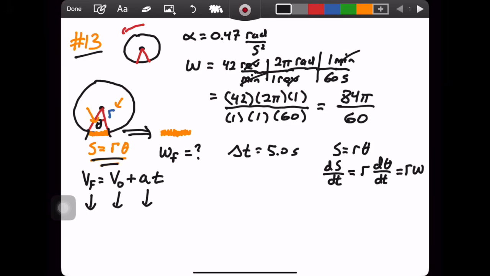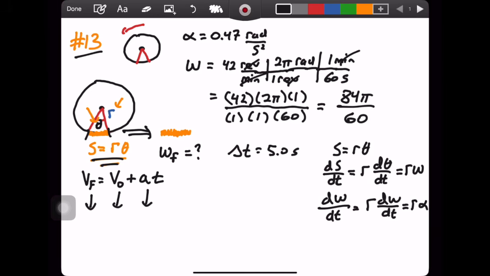Omega is defined as the time rate of change of theta. And I can do another derivative where I can say d omega dt is equal to r d omega dt, and we say that's equal to r alpha.